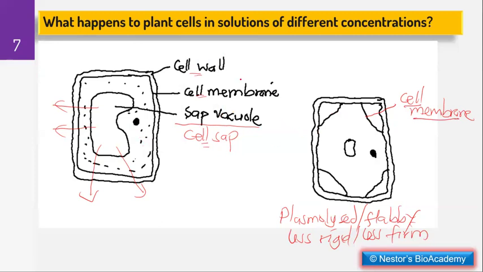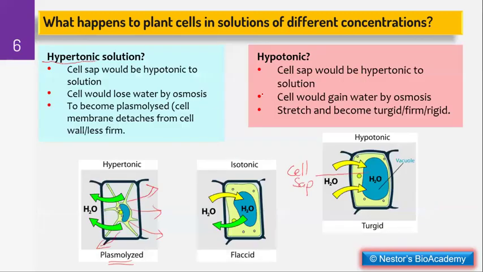And when this happens, the cell becomes relatively flabby or less firm compared to the normal plant cell. So when a plant cell is placed in a hypertonic solution, the cell sap will be hypotonic to the solution. So the plant cell will lose water by osmosis to become plasmolyzed.